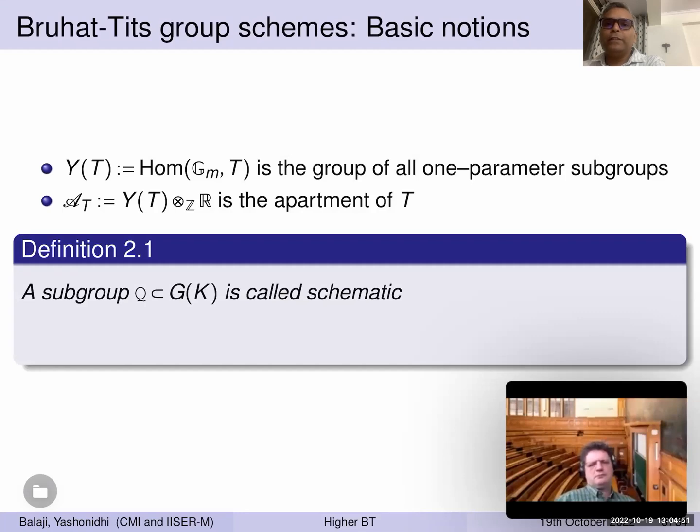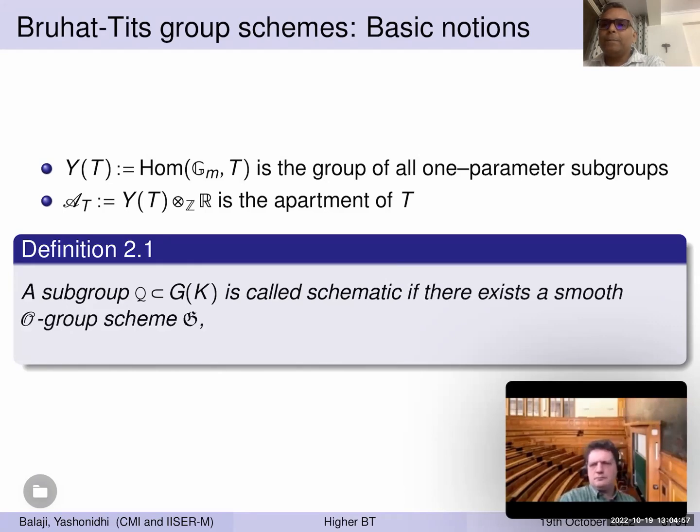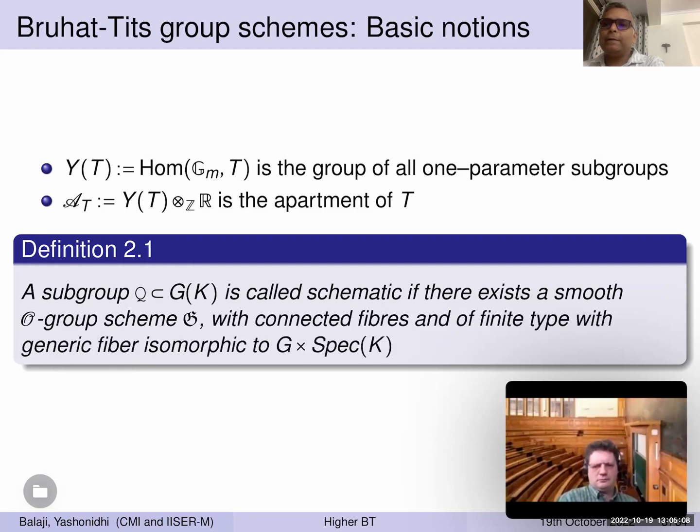So now, definition: a subgroup Q of GK is called schematic if there exists a smooth group scheme over O, a group scheme G with connected fibers and of finite type, with generic fiber isomorphic to G cross spec K and whose O-valued points is Q.